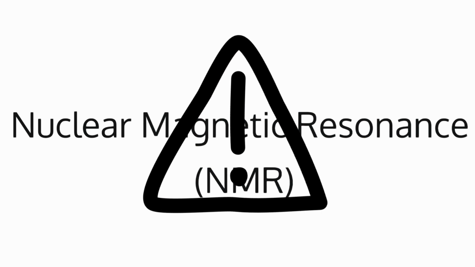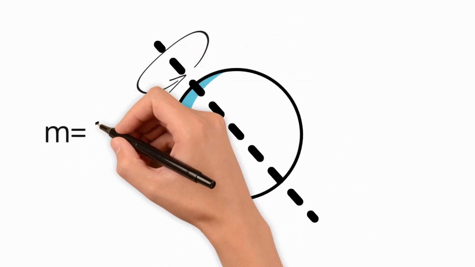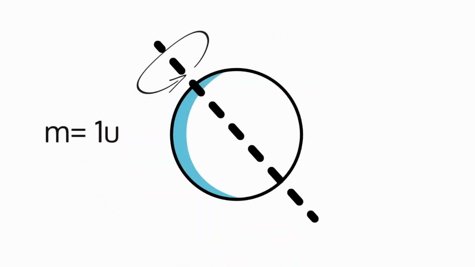Let's get into it. The root of NMR is the interaction of a nucleus with an external magnetic field, and the root of a nucleus's electromagnetic properties is the proton. The proton can be classically modelled as a rotating sphere with mass of 1 atomic mass unit and charge of 1 positive electron charge.